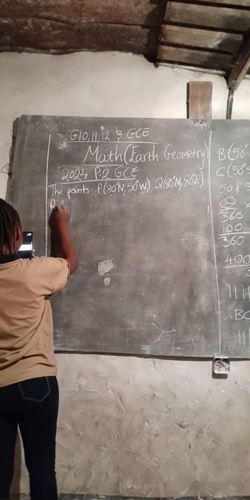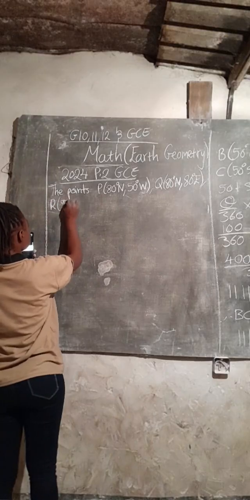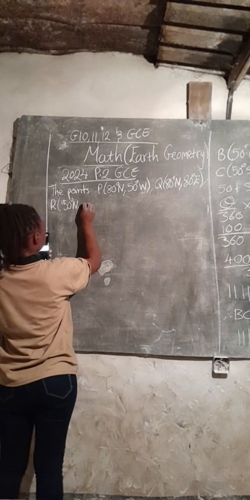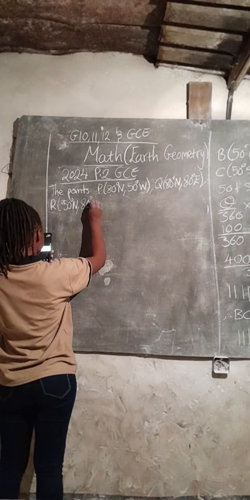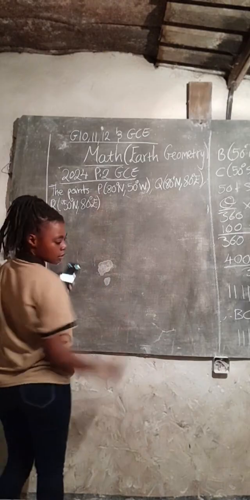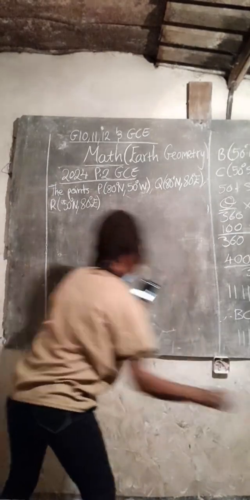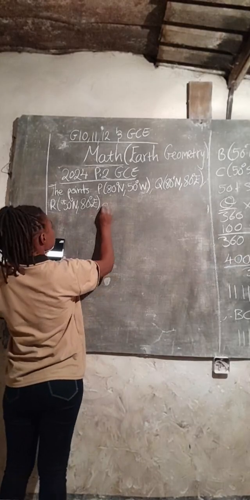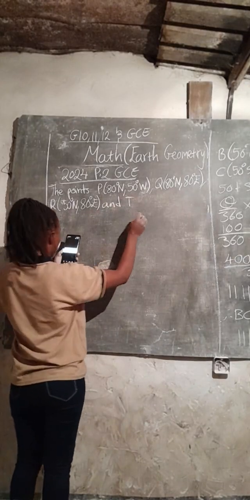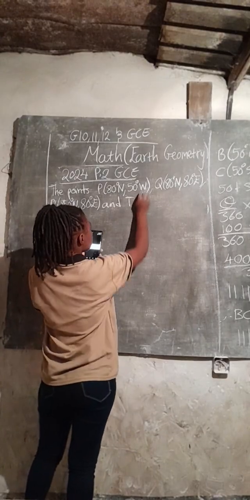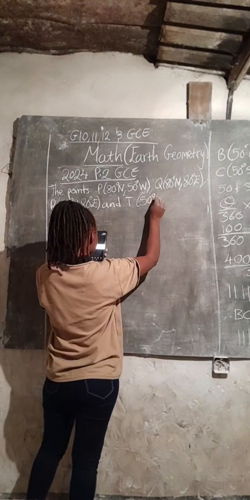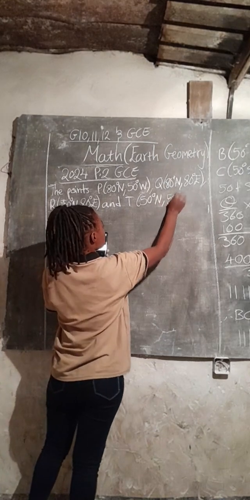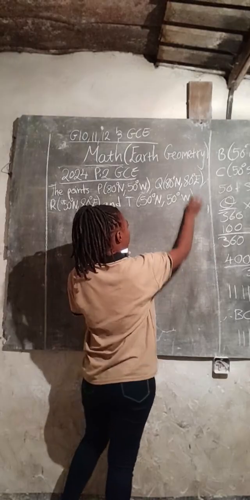Point R is at 50 degrees north, 80 degrees east, and T is at 50 degrees north and 50 degrees west.